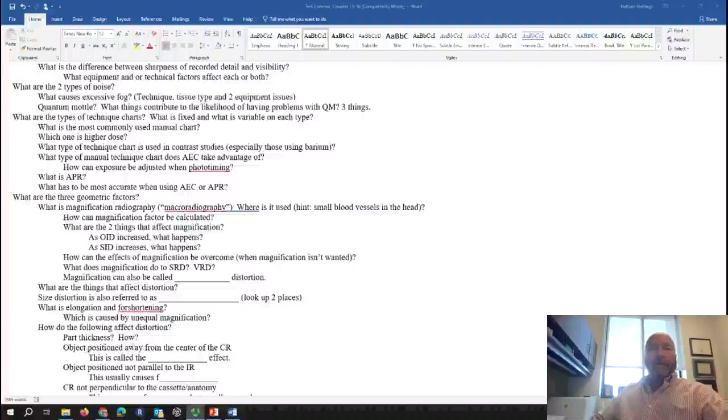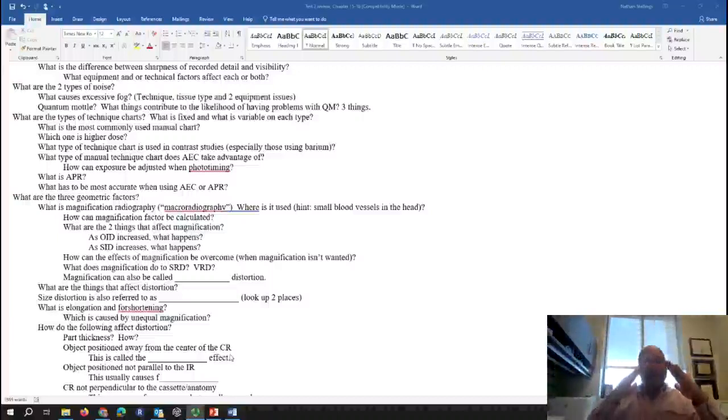Okay, so part thickness we already talked about. Further away from the central ray, that's something we did not talk about. If an object is directly in the middle of the central ray, then distortion is minimized. But because of the divergence of the central ray, if it's positioned out and away from the middle of the central ray, then what you're going to have is what we call a parallax effect.